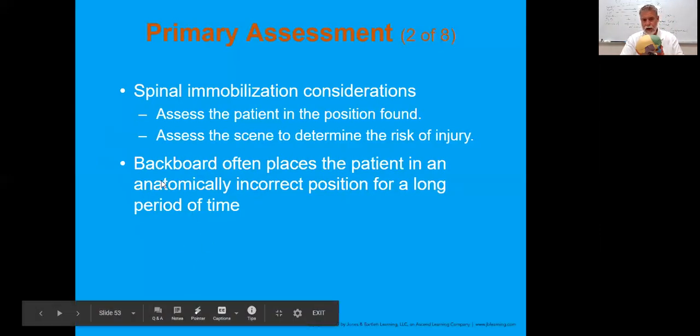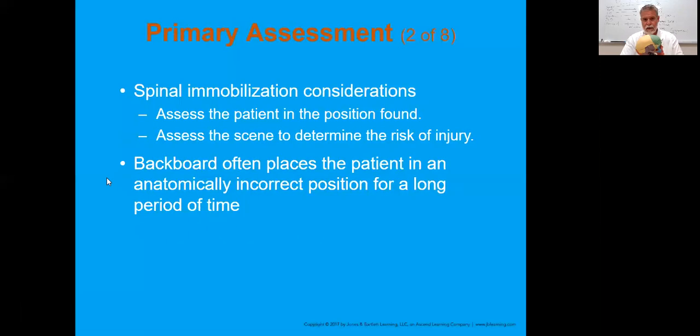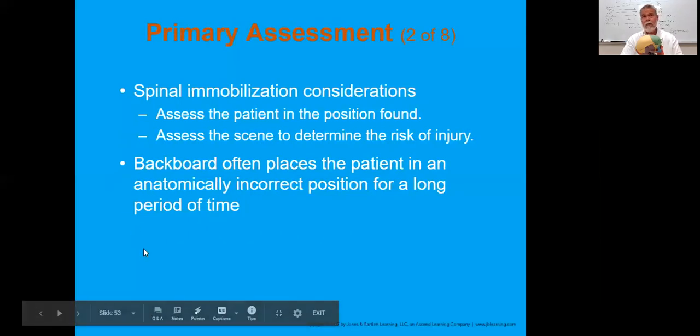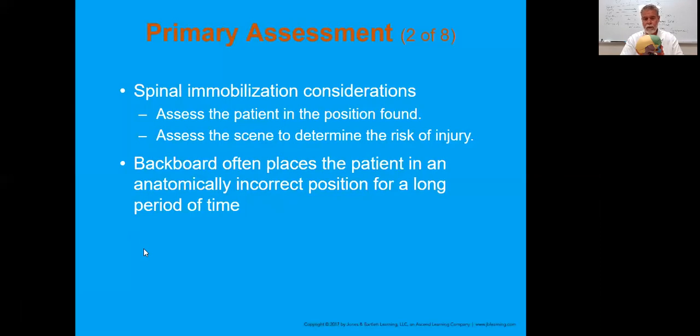But this is cool. A backboard often places a patient in an anatomically incorrect position for a long period of time, which is why this thing called SMR is around, spinal motion restriction. If the person is not suffering numbness or tingling or have a clear indication of spinal injury, then it's potentially better not to put them on that.